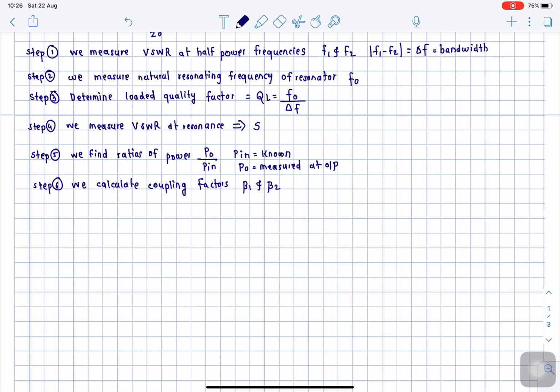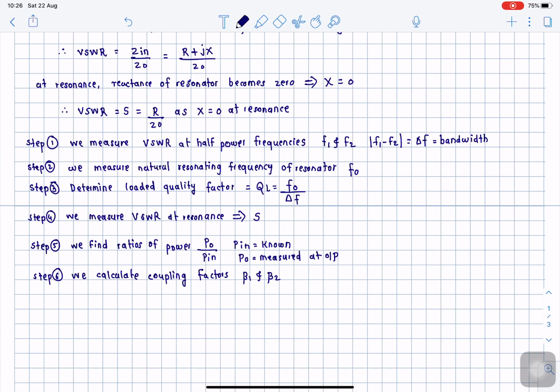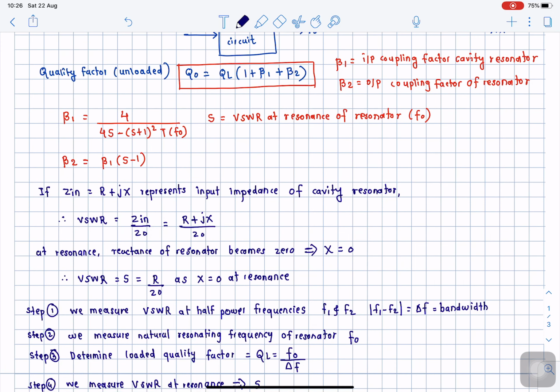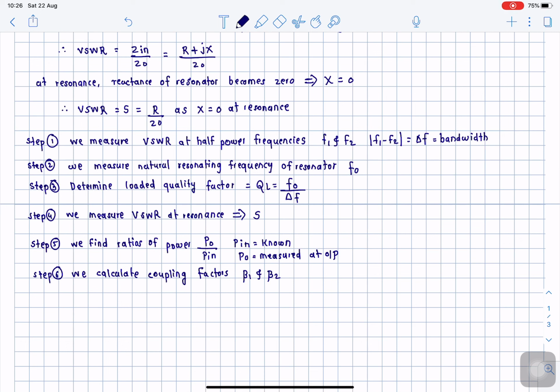So we know the coupling factors beta 1 and beta 2, and we know the loaded quality factor QL. Now all these values we can substitute in this particular equation, and then we can calculate the unloaded quality factor. So this is a typical procedure to measure the quality factor of a given resonator circuit.